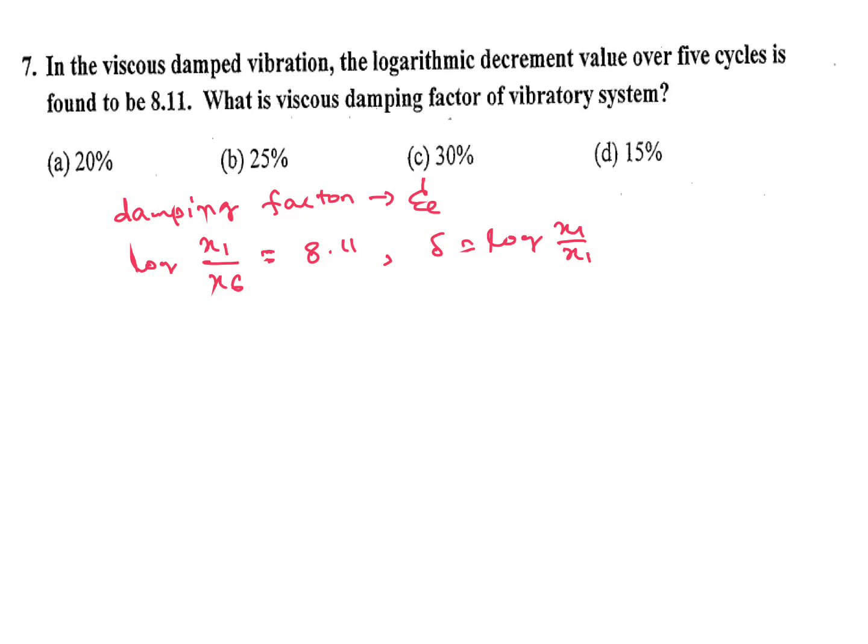So we know x1 by x2 equal to x2 by x3 equal to x3 by x4 equal to x4 by x5, x5 by x6 over 5 cycles. 1, 2, 3, 4, 5 cycles.